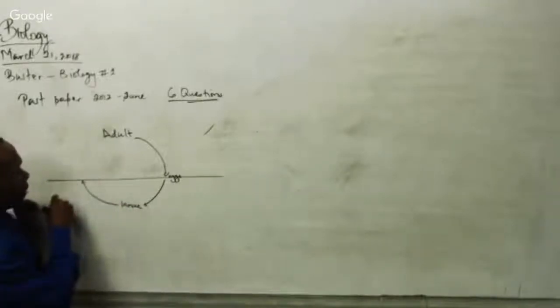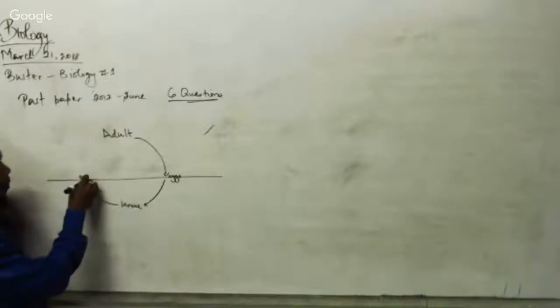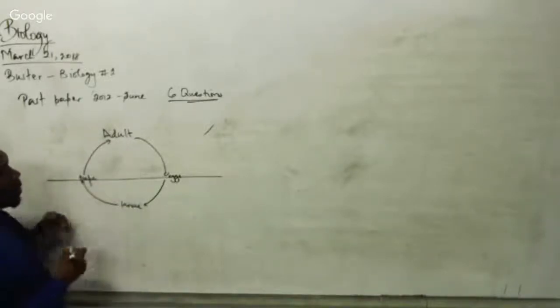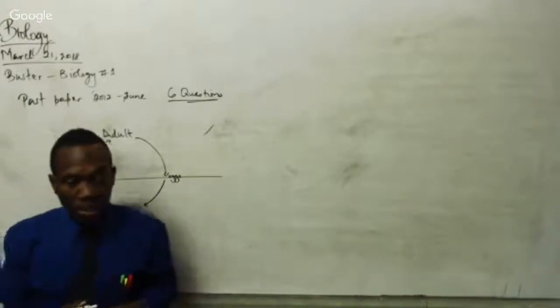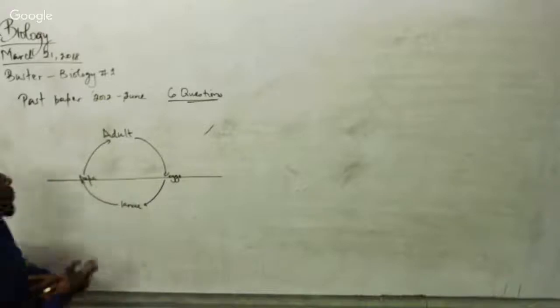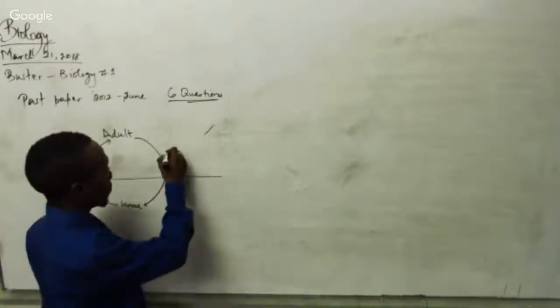And then back to the surface is the pupa, which is going to become the adult. Now you need to describe the processes that occur along the way. The adult does what?